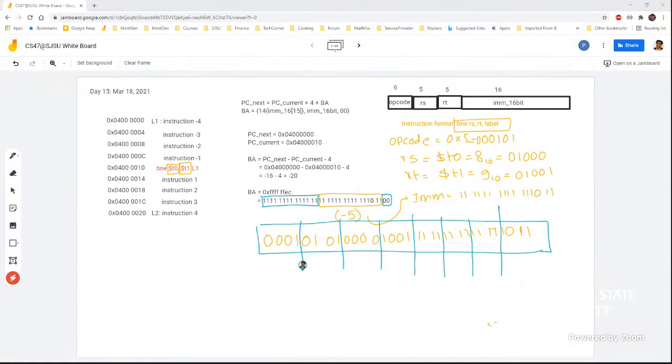So this is 1, this is 5, this is 0, this is 9, this is F, F, F, and this is 11, B. Your machine code for this is hex 1509FFFB. Is there a question so far?